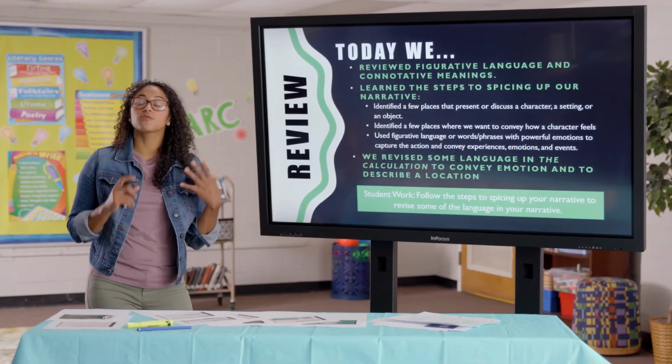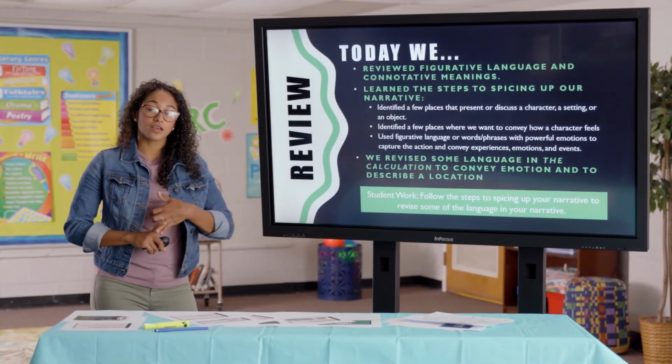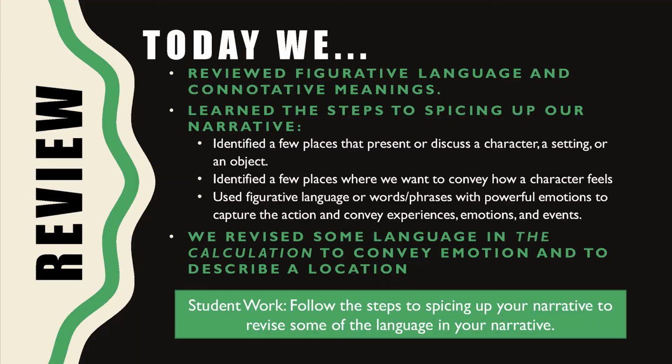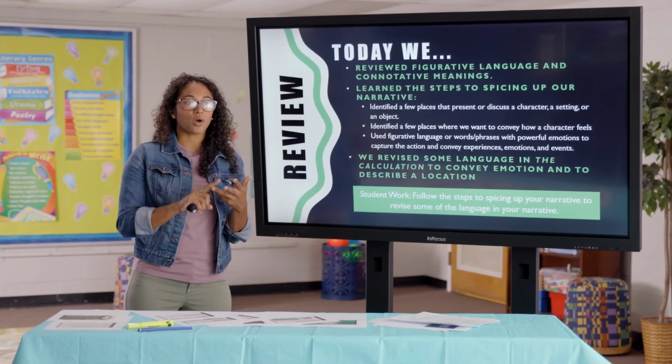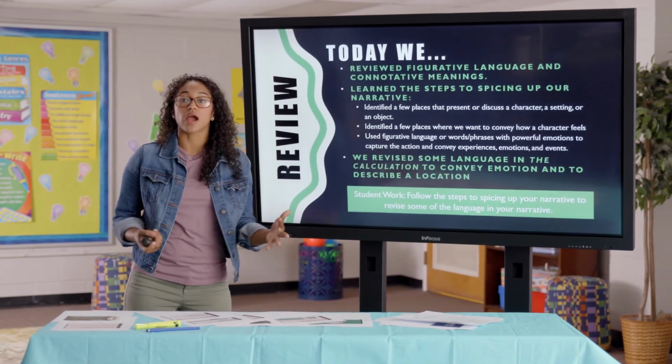So today we reviewed figurative language and connotative meanings. We looked at the steps that authors take to spice up their writing. So they identify places where they're trying to present or discuss a character, a setting, or an object. They identify places where they want to convey how a character feels, and then they insert figurative language or really powerful words and phrases to really emphasize how the character feels or what the object looks like to describe it.